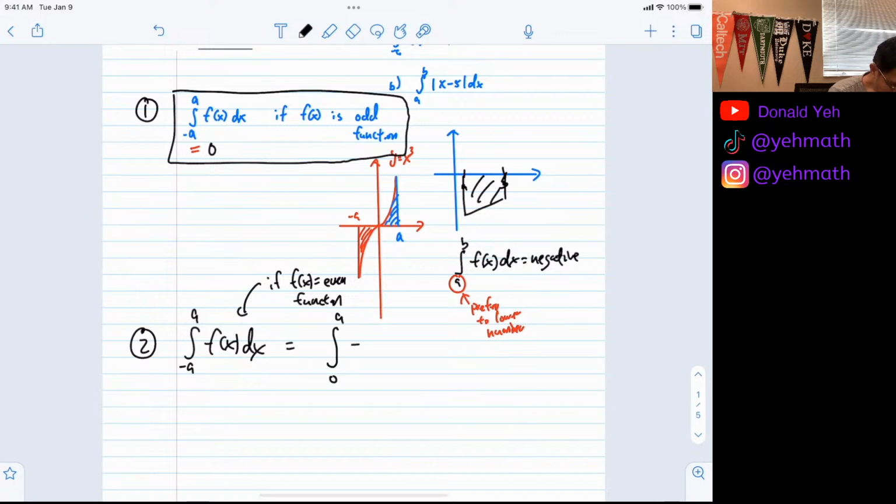Now I want you to fill in the blank: negative A to A of f of x dx is equal to a blank times the integral from 0 to A of f of x dx. How would I fill that blank? 1/2. No. But you might have the right approach.